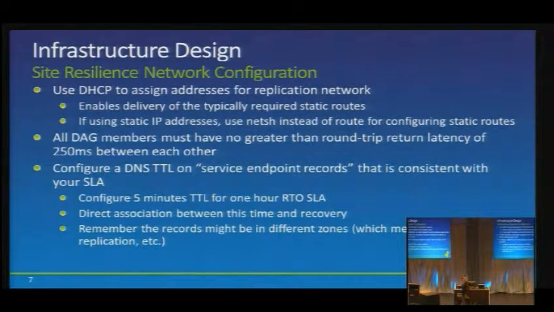And that's for a couple reasons. One is, obviously, if it's a highly latent network, we're not going to be able to get those logs off that box as quickly as we should. And that's the whole point of continuous replication and using the solution: to ship those logs as fast as you can. The other consideration, and this goes back to the client connection and how a CAS in one data center could talk to a mailbox server in another data center, is now you've got a cross-site client experience to deal with.